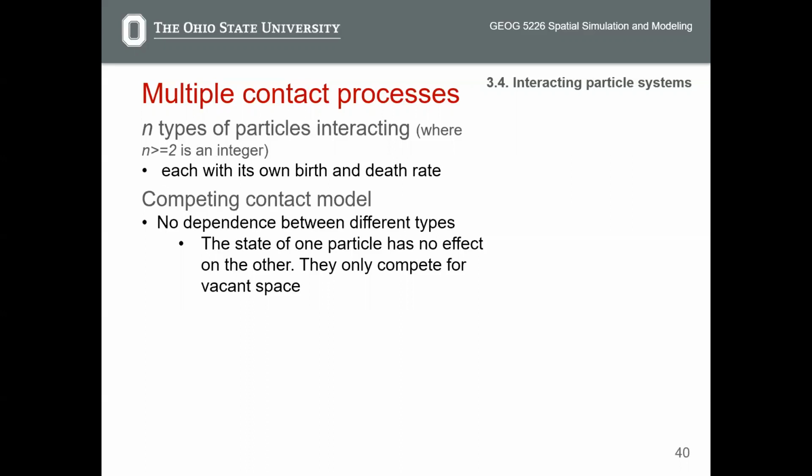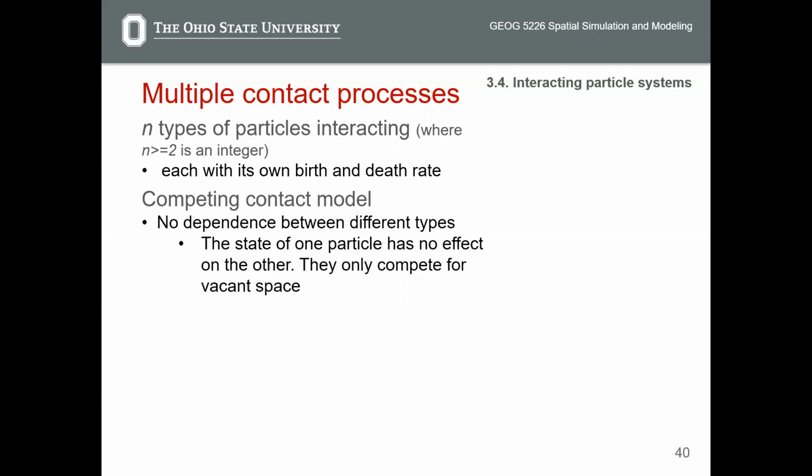Okay, and the competing contact model, no dependence between different types, right? The state of one particle has no effect on the other particle. They only compete for vacant space. For example, we have two particles, right? Particle 1 is addressed by state 1. Particle 2 is addressed by state 2. And of course, we have state 0 for vacancy.